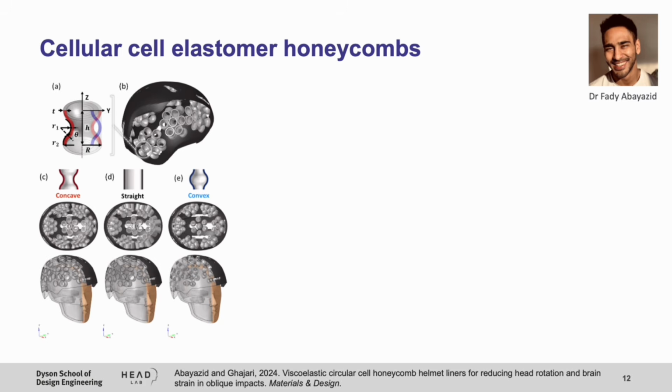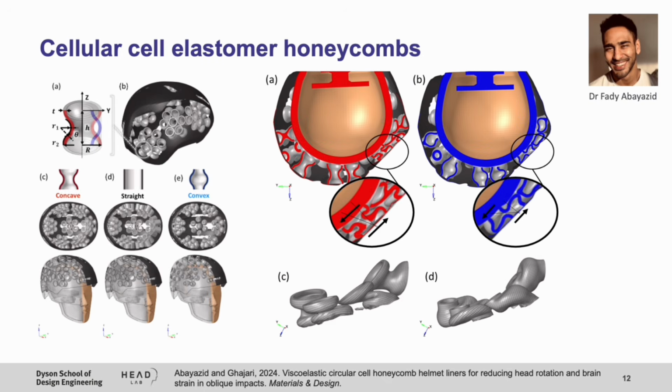But before even building those, we can use the finite element method to estimate the performance of helmets made of these different structures. So here are some of the predictions from the FE simulation. And again, this is something that we cannot observe using experimental techniques. You can see here we have a cross section of the head form and liner.